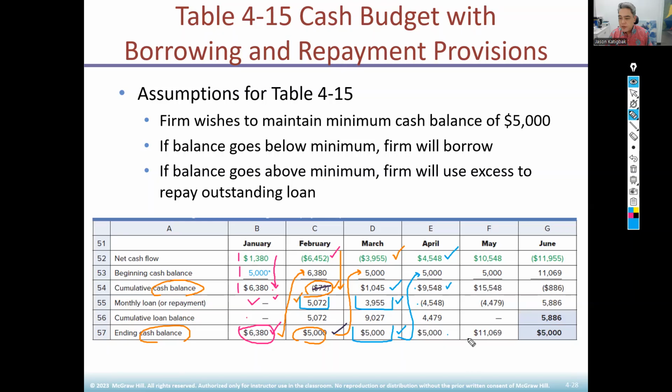So how did we do that? Basically, this amount is extra, wherein you can make a payment to the two loans that you have because you only need to keep 5,000. So you might have noticed that I'm skipping the cumulative loan balance because the cumulative loan balance in this section is just basically adding 5,072 plus 3,955 equals 9,027 minus what you actually made as payment is 4,479.